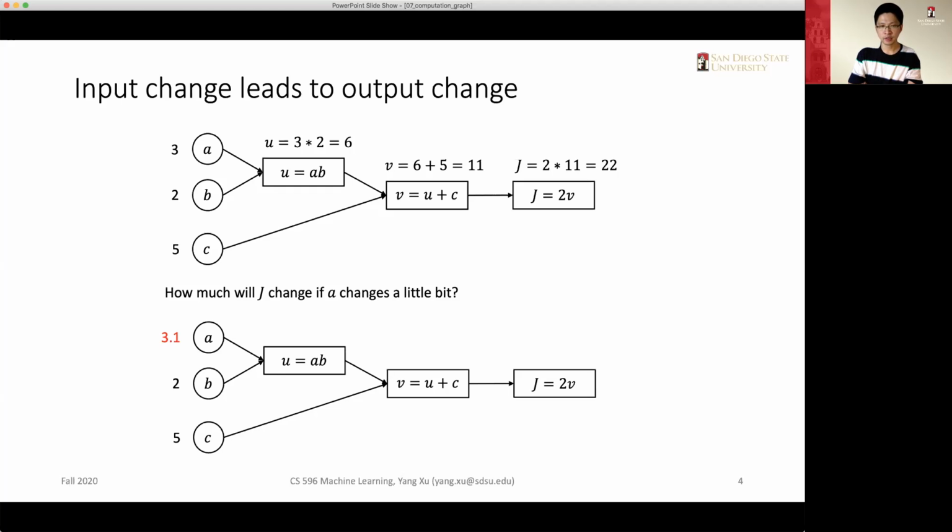Then we'll observe the results of u, which is the new value of a times 2, which is 6.2. And the result of v becomes 6.2 plus 5, which is 11.2. And then finally, the new result of j is 2 times 11.2, which is 22.4.